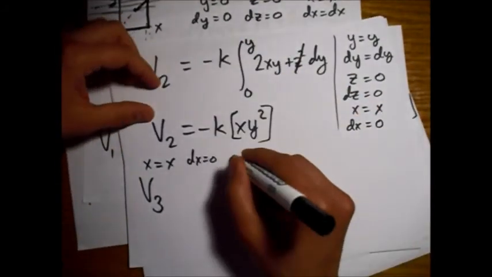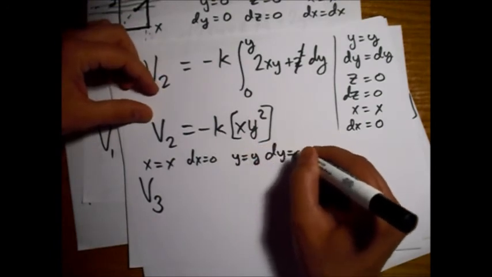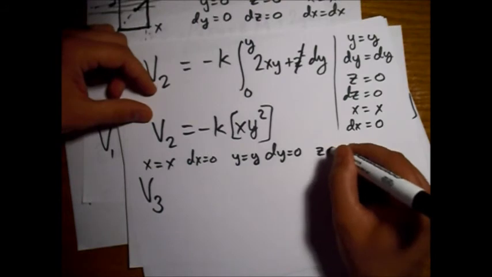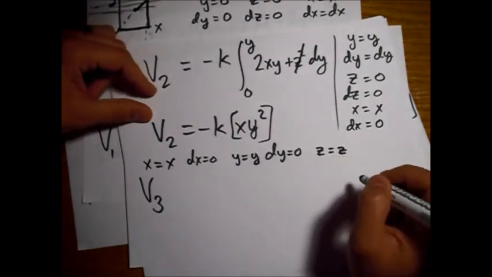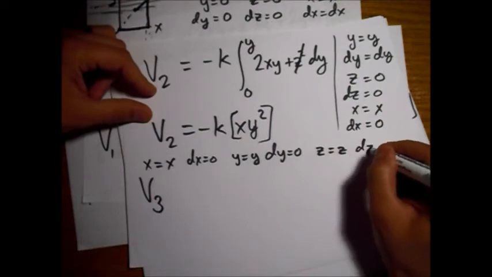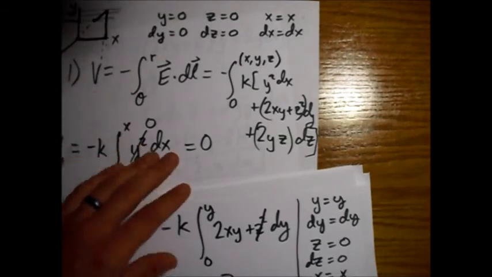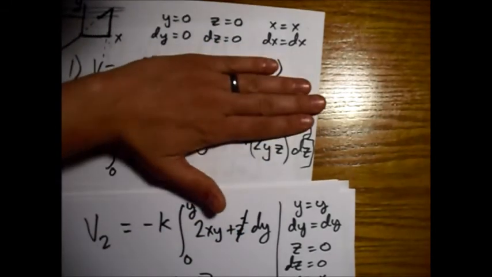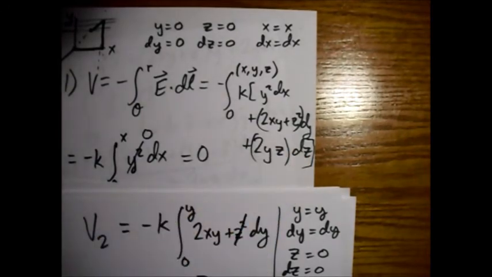So x equals x, y equals y, dy equals 0, z equals z. Now this is the one that we're changing, and dz equals dz. So we toss out the first two terms because they have a dx and a dy in them. Now we're only focused on this term here.